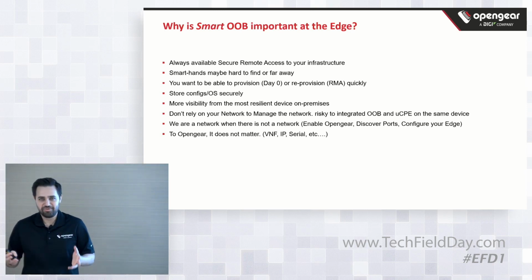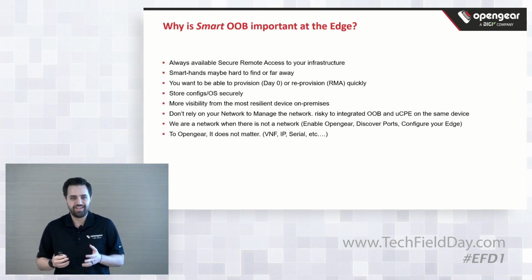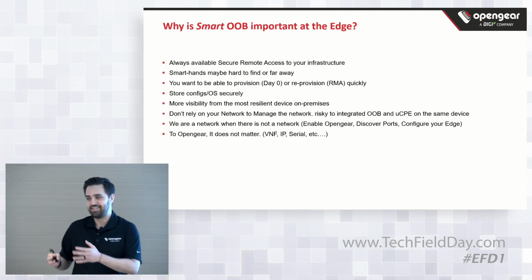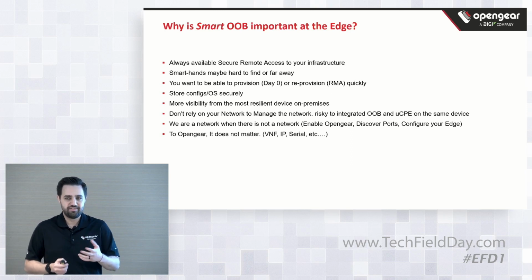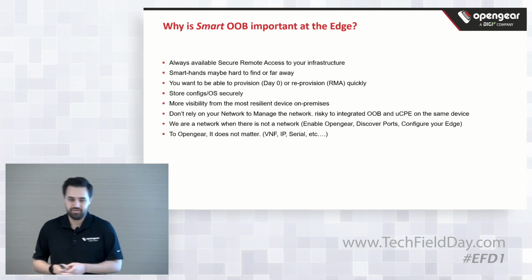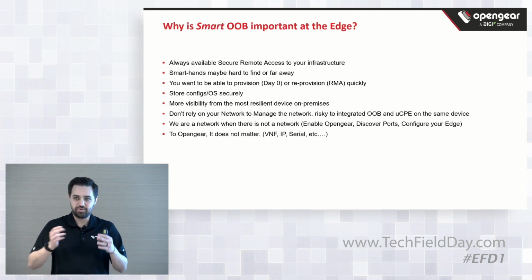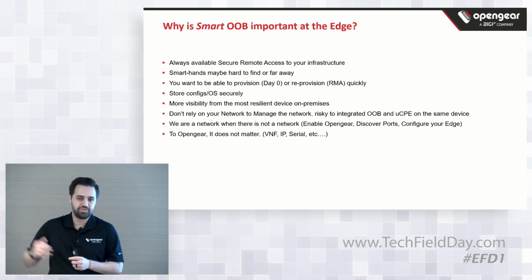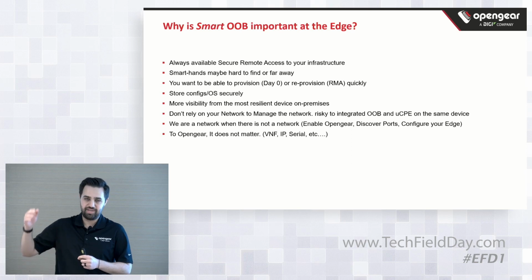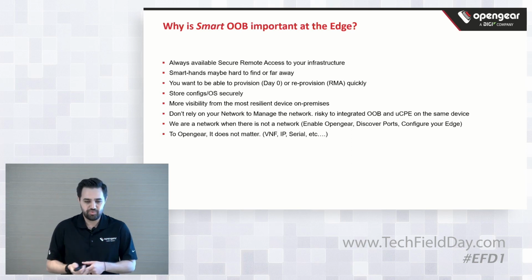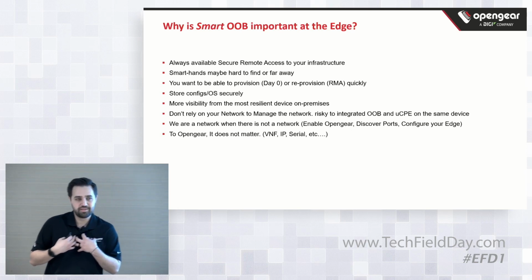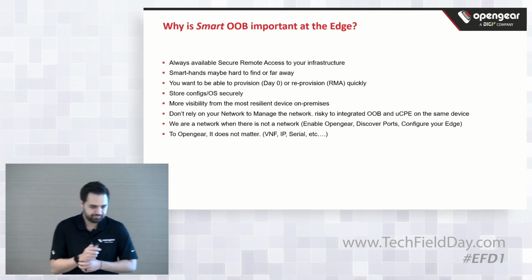We've heard it over and over again during this event that smart hands are hard to find at the edge. When you don't have a smart hand at every edge location, or if you have a distributed edge with thousands of locations, you can't have a network engineer or a technician at every single one of these. So you want to be able to automate things to a point where you can be the smart hand, but not physically be there.